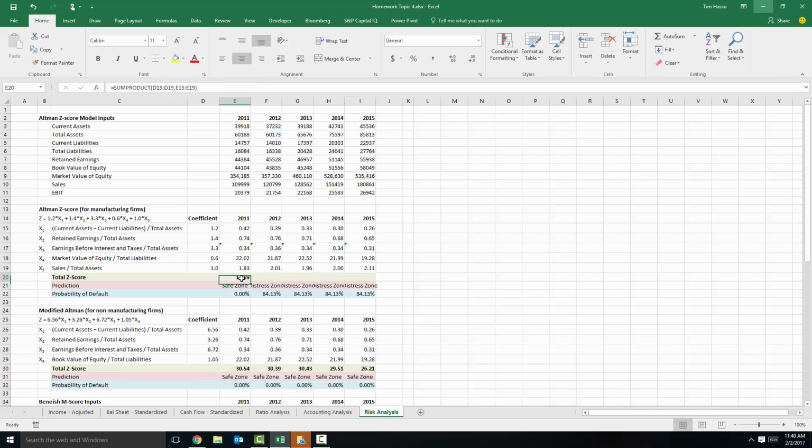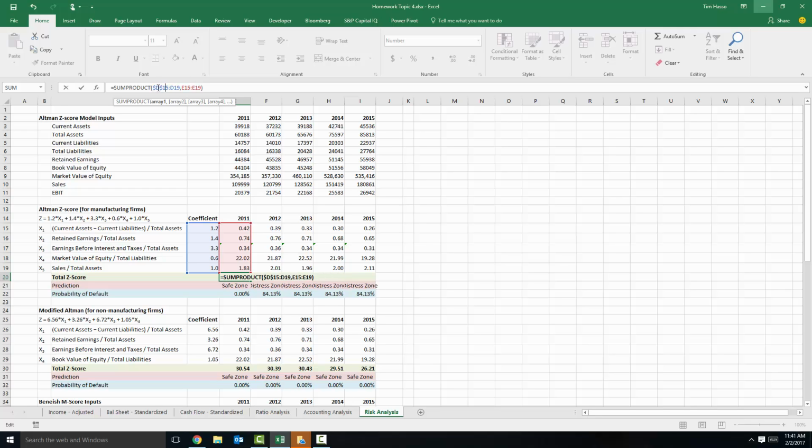Now, in order for you to be able to drag it to the right, you know that Excel will drag all the reference cells to the right. So what you want to do is lock the coefficient cells. In order to do that, I'm going to go D15 to D19. I'm going to press F4, or use the dollar sign.